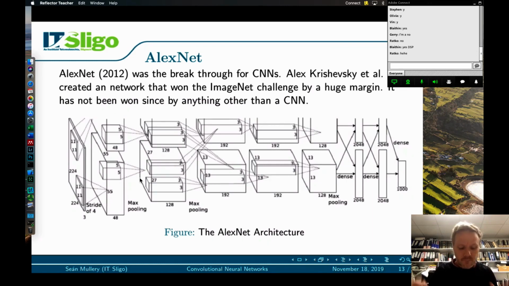Again, this network looks extremely complex, but one of the reasons is that GPUs at the time could not fit this neural network in their RAM. So they actually had to split the image across two different GPUs, and that's why you see it as two separate networks. It makes it look much more complex than the network actually needed to be, and that's why the image of it here is slightly more complex than you're going to see in some of the future architectures that come along.